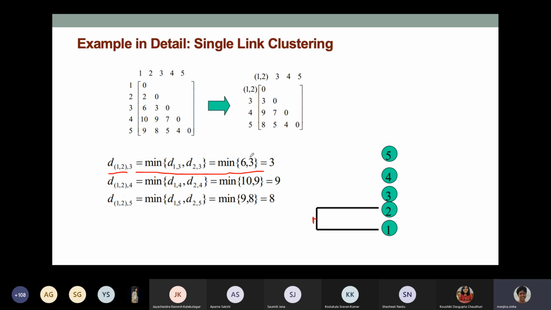So the closest pair means the pair which has the minimum distance. Actually, these edge weights, do not think of them as weights, because weight would mean they are more similar to each other. These are the distances between the edges. So basically this matrix says the distance between 3 and 1 is 6, and the distance between 3 and 2 is 3.